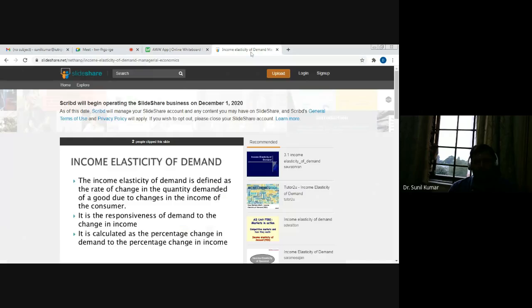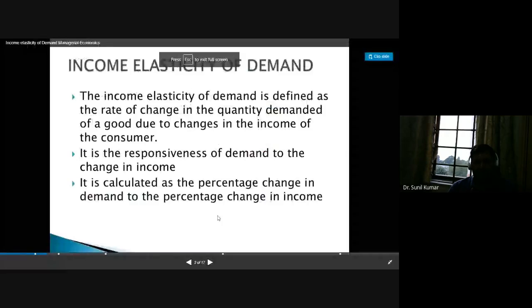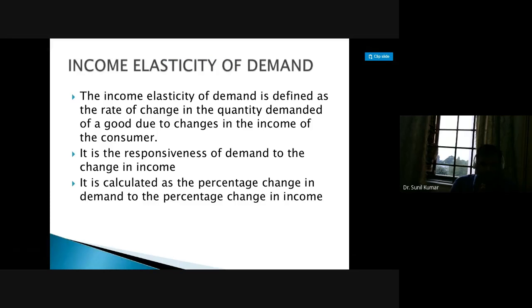So after that, we are in that portion where we are discussing the income elasticity of demand. Income elasticity of demand is the proportionate change in quantity demand resulting from a proportionate change in income.